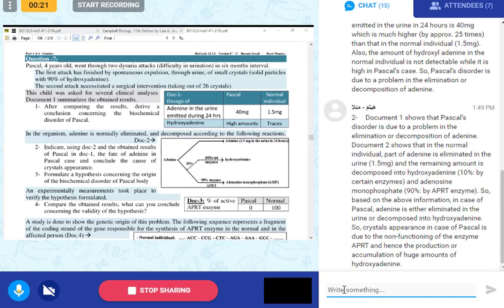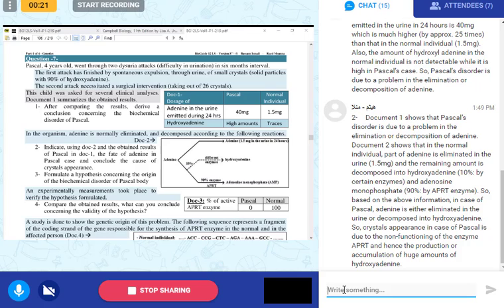You read the answer, please. Yes. Document 1 shows that Pascal's disorder is due to a problem in the elimination or decomposition of adenine. Okay. Document 2 shows that in the normal individual, part of adenine is eliminated in the urine, 1.5 milligram, and the remaining amount is decomposed into hydroxyadenine, 10% by certain enzymes, and adenosine monophosphate, 90% by APRT enzyme.